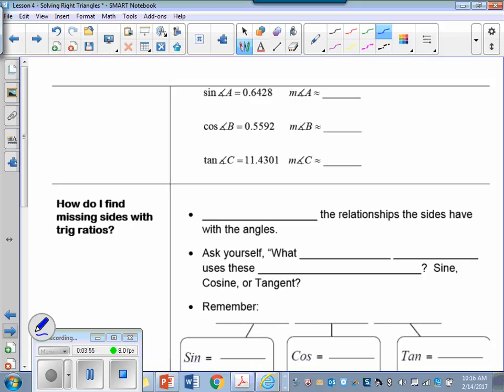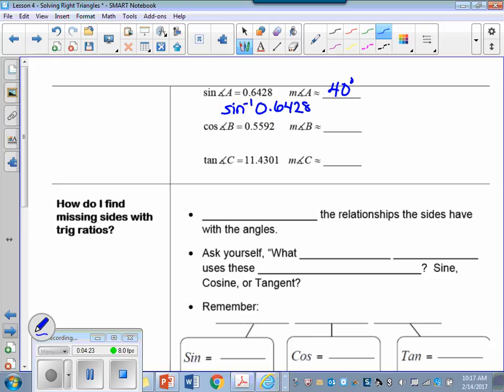Sine of angle A equals 0.6428. So what I want to use is inverse sine, which is written on your calculator directly above the sine button. So to get there, you're going to have to press second sine 0.6428. And this is approximately 40 degrees.